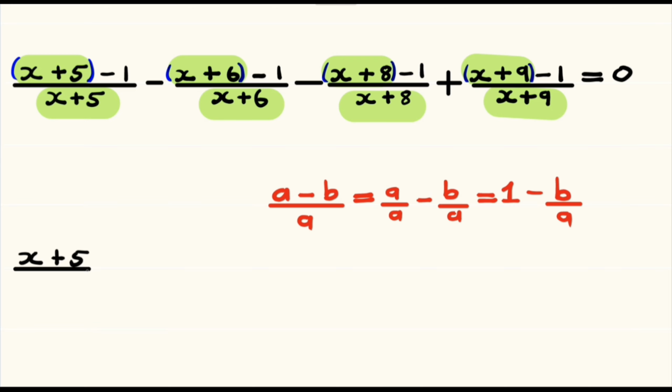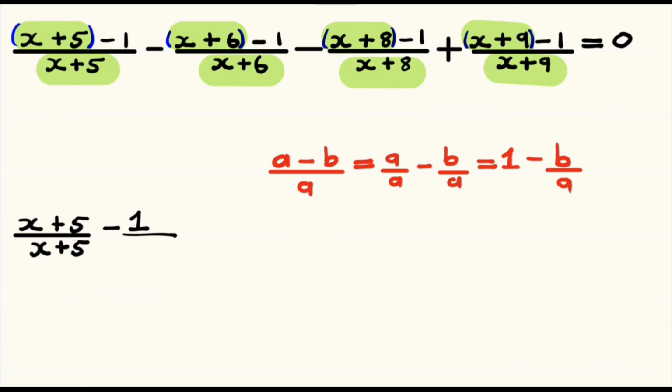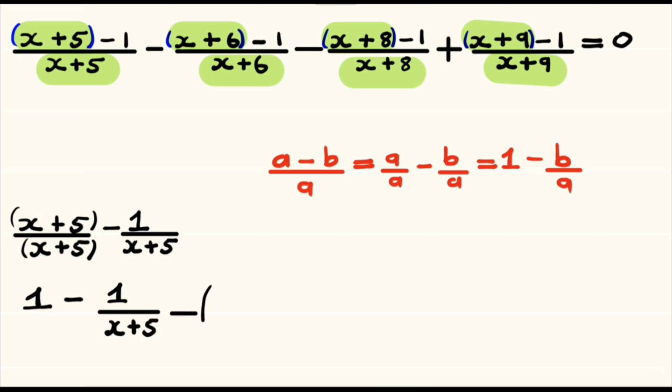So we have x plus 5 divided by x plus 5 minus 1 divided by x plus 5. The x plus 5 divided by that x plus 5 will be equal to 1 minus 1 divided by x plus 5, minus the second term.